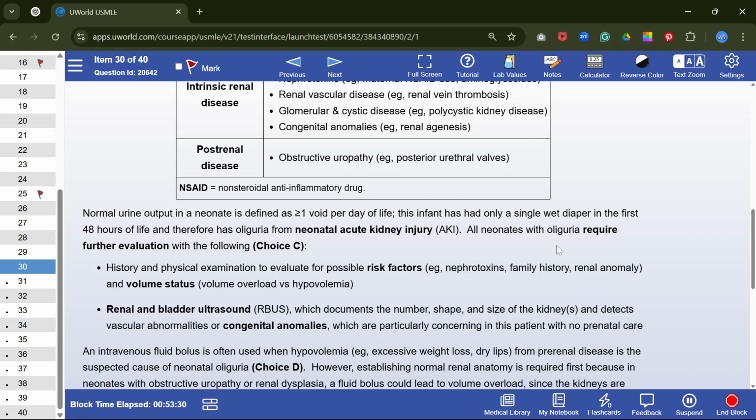If it is a neonate, look at the definition of the neonate, from birth to 28 days. So in 28 days, is it possible to be peeing 28 times?